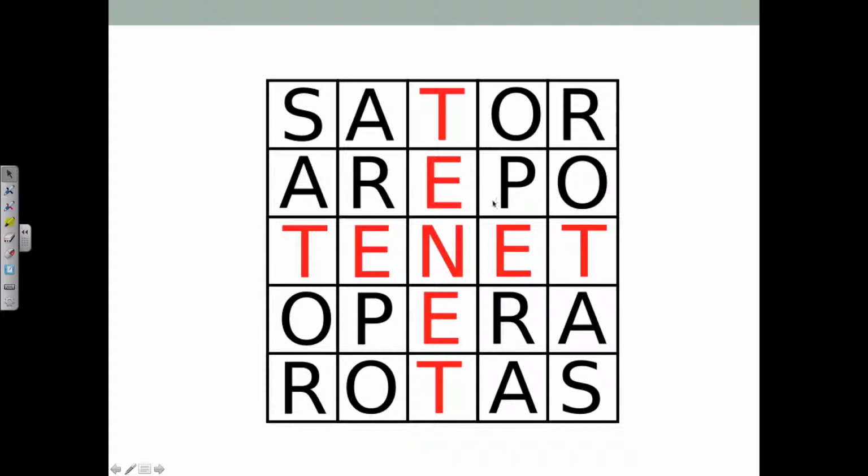It can be read forward, it can be read backwards, sator, arepo, tenet, and so forth. It can be read inverted, and it can be read in the retrograde inversion too. So forward, backwards, up, and inverted.